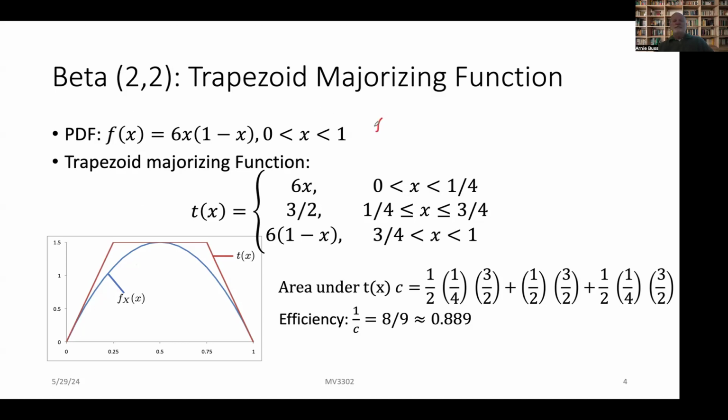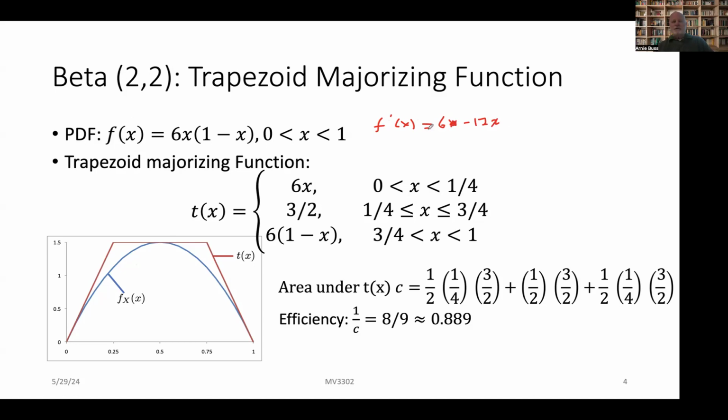So you all remember how to take the derivative, right? So the derivative here would be 6, because the x gets killed, minus 12x.